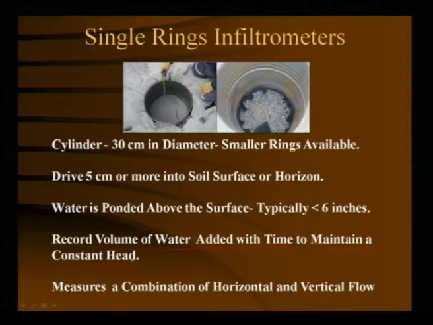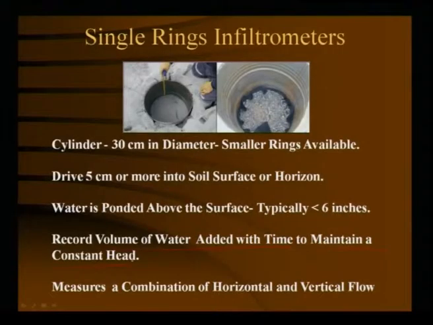This is a single ring infiltrometer. In the infiltrometer you allow water and measure the volume of water with time to maintain the constant head. That means an equal amount of water passes through with equal time difference, at which it achieves a constant head.